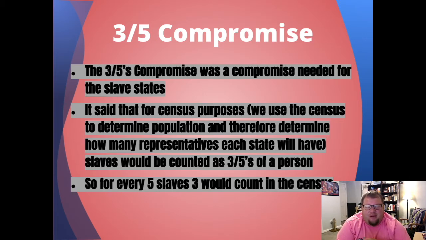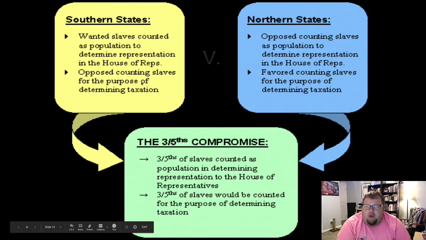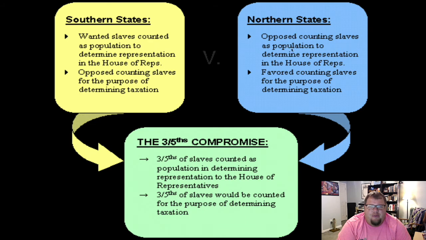Because if you remember, back in the Declaration of Independence, there was the opportunity for the United States to say that slavery was bad and we weren't going to do it in our country. But we had to take it out so we could get the Declaration of Independence passed. Now, you can see in the graphic organizer what the southern states wanted, what the northern states wanted, and how the 3/5 compromise was going to count.